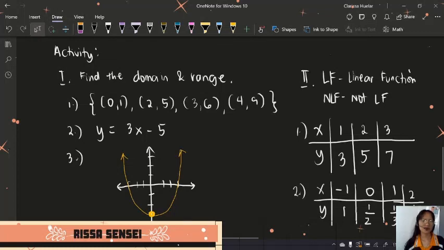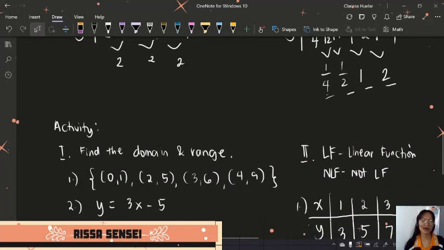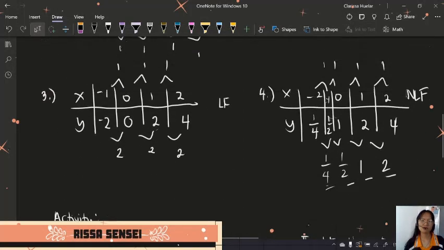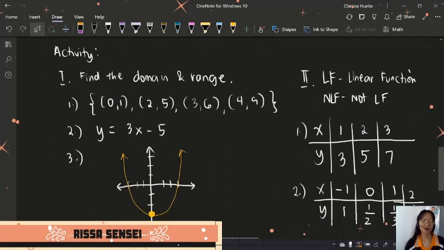Then, for test 2, you will just write if it is a linear function or not a linear function. Then, of course, you have to show your solution parang ganito. So, papakita nyo kung may common difference ba yung x's and yung values of y. Okay? And for the next video, we will go deeper sa topic na ito. Thank you!